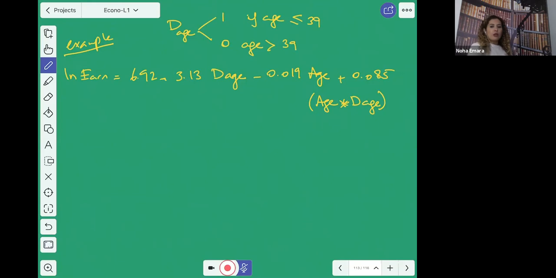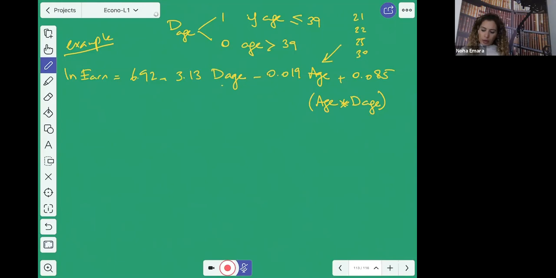So I'm using this model in order to differentiate between people who are 39 years of age or less and people who are older than 39. And so this is a dummy. Age is a continuous variable. Okay, so it's like 21 years of age, 22, 25, 30, whatever. It's not a 0 or 1 variable, but a continuous variable.